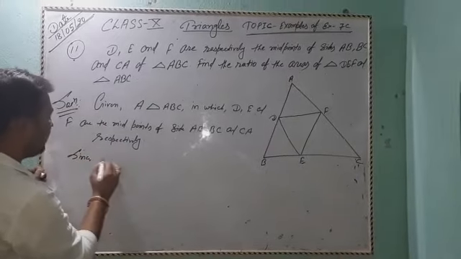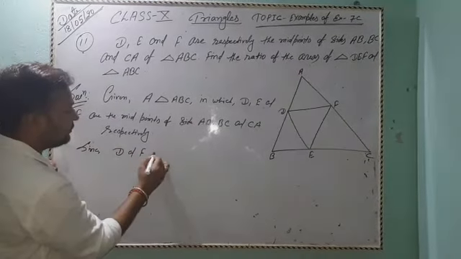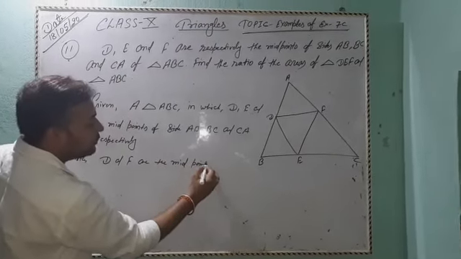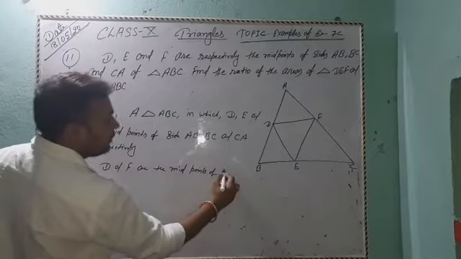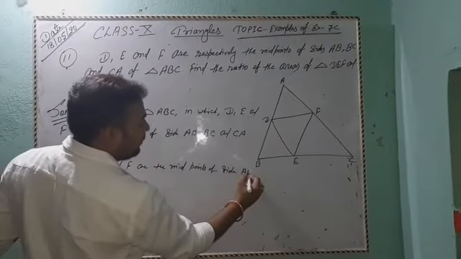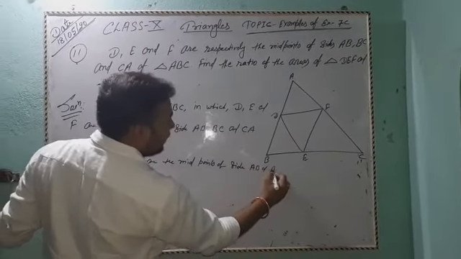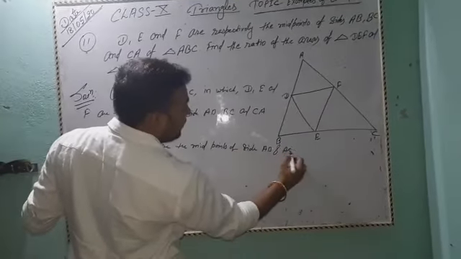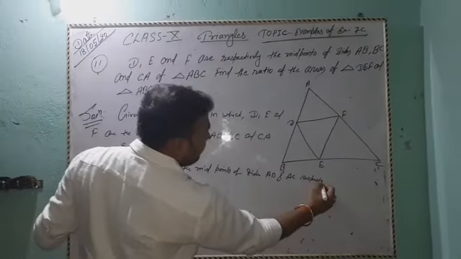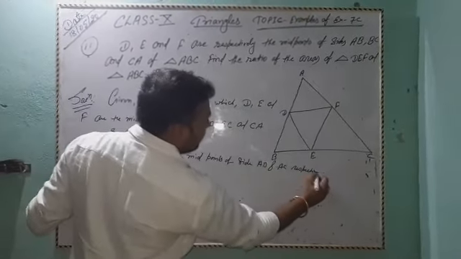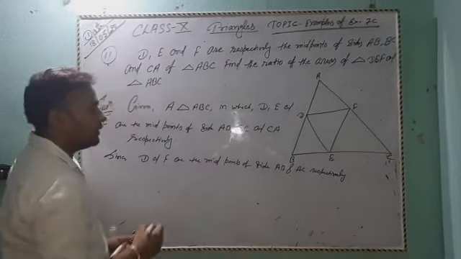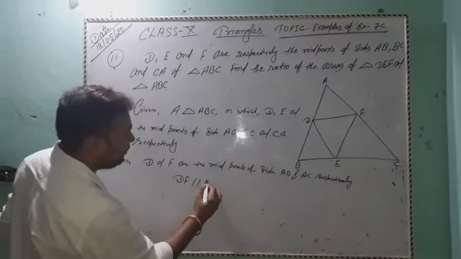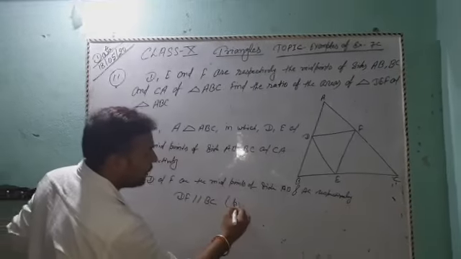Since D and F are the midpoints of side AB and AC respectively, then we write DF is parallel to BC by midpoint theorem.